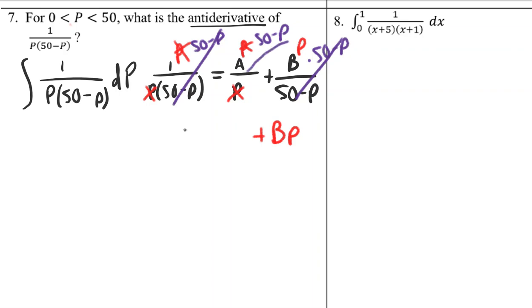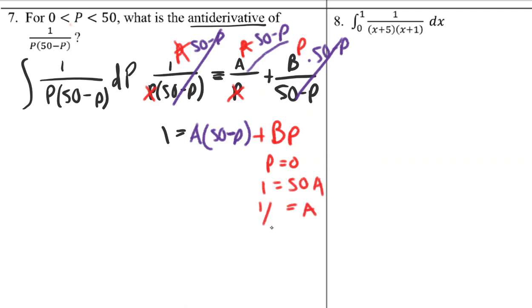So that is like a times 50 minus p. And both of those canceled, so it still just equals 1. Okay, so if I want the b values to go away, I could temporarily plug in p equals 0. And so when I do that, I get 1 equals 50a, therefore a must be 1/50th.